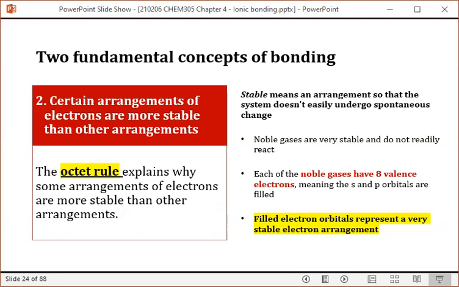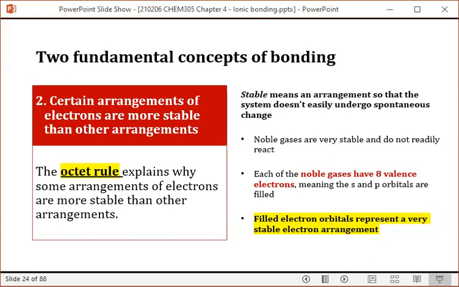And because this all involves 8 electrons to fill those s and p subshells, that's where we get the name, the octet rule. Oct means 8. And so the octet rule is saying that atoms that have 8 electrons filling up their outermost s and p subshells are going to be very stable.